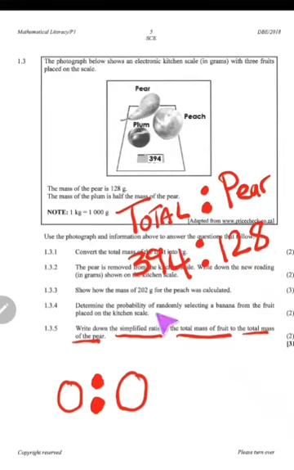But note, they ask us the simplified ratio. What we have here is the normal ratio. We need to simplify it. Simplified means we need to get to the lowest number. In order to do that, we need to determine which of the two masses is the smallest. 128.